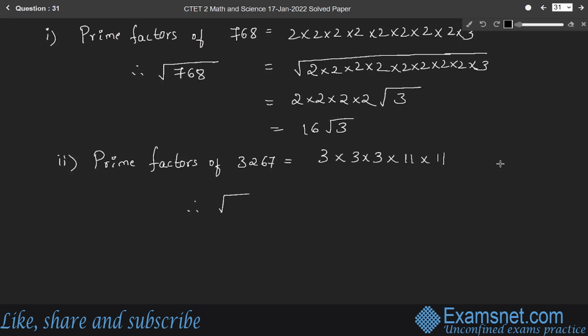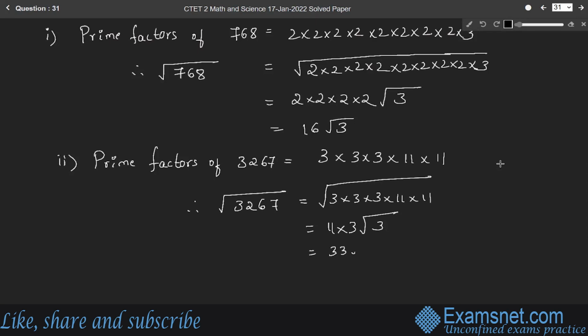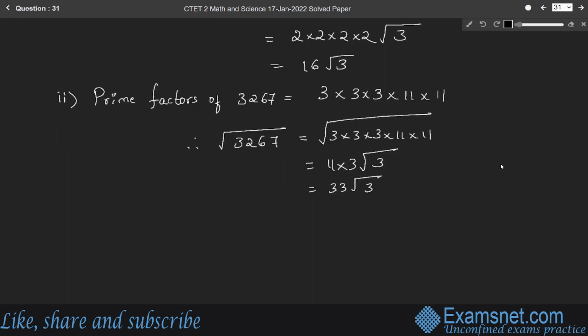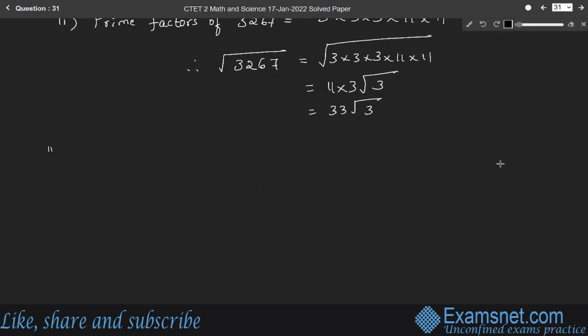Therefore, square root of 3267 is equal to square root of 3 into 3 into 3 into 11 into 11, which is 11 into 3 root 3, which is 33 root 3. And the third number is root of 144.